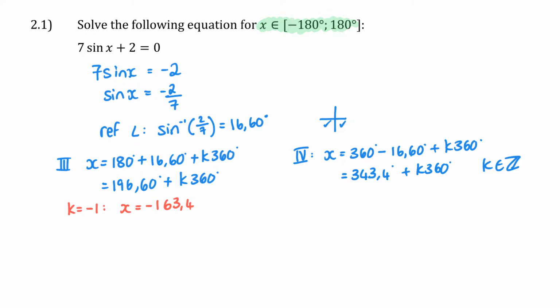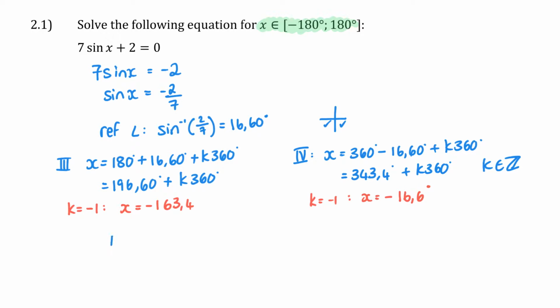Let's look at the solution in the fourth quadrant. 343.4 is too big. So if k was 0, it would be too big. So let's try k being negative 1. So I'm going to subtract 360 from that, and I get x is negative 16.6 degrees. Now, if I subtract another 360, I'm going to end up with a value that's too small.